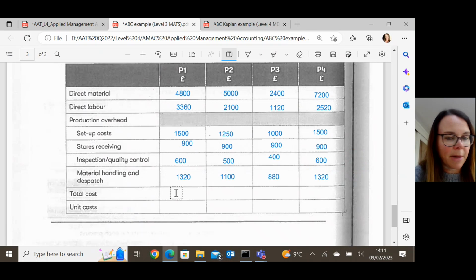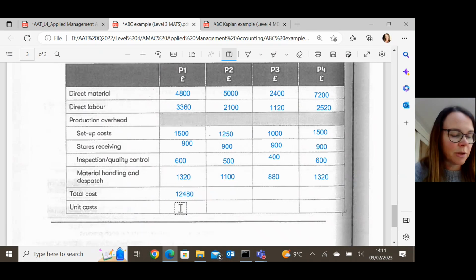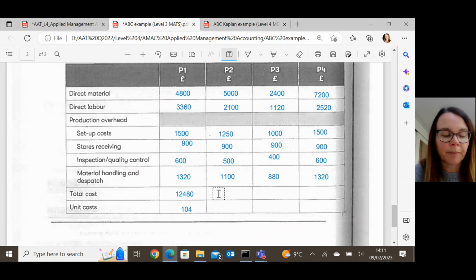So then I work out my total cost by adding my direct material, my direct labour, and then all these components of the overheads. And then to work out a unit cost for each one, you just divide it by the number of units. So for P1, there was 120 units. So 12480 divided by 120 gives me £104 per unit.